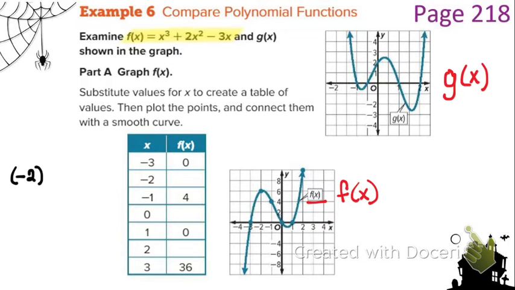It says x cubed. You could also type in the negative 2 to verify. But I will tell you that these are all whole numbers. So take a minute and fill in your missing y values.